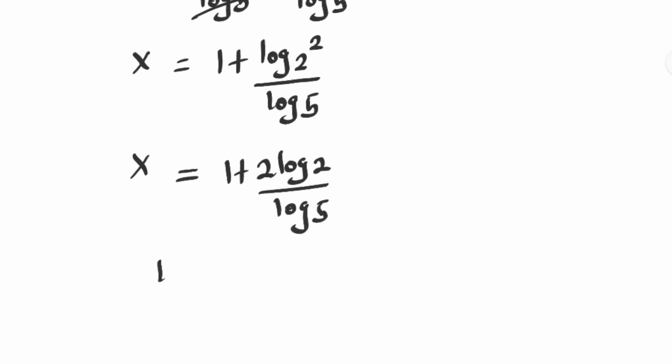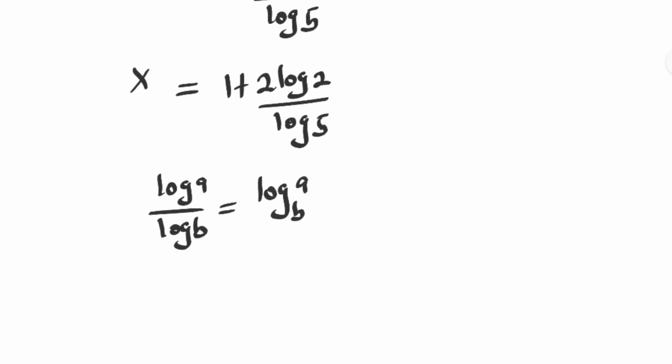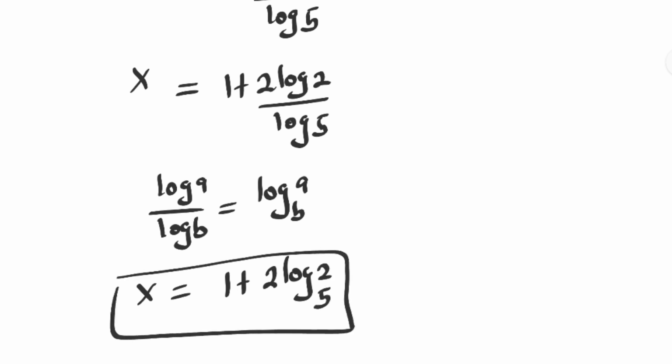Then if you have log A over log B, this can be written as log A base B. x is equal to 1 plus 2 log 2 base 5. This is the value of x. We may check to confirm if this answer is right or wrong. Let's check.